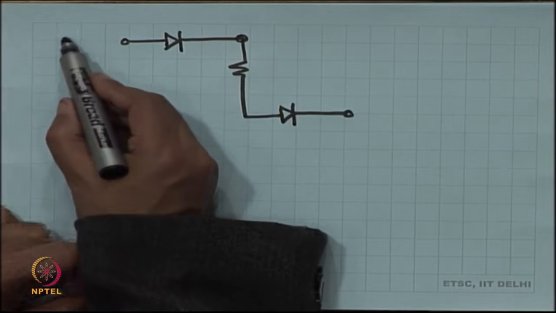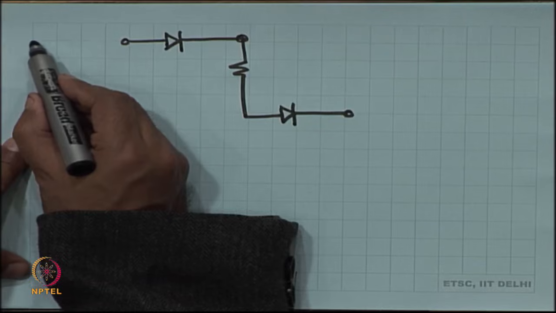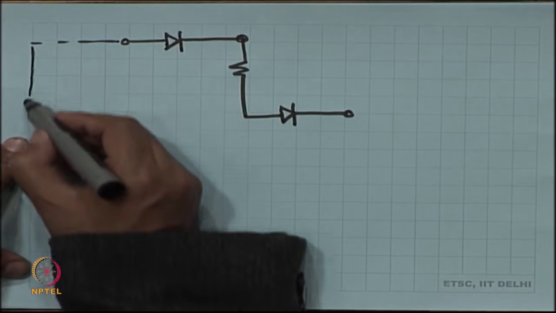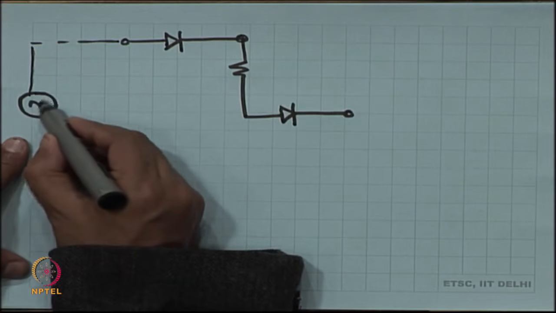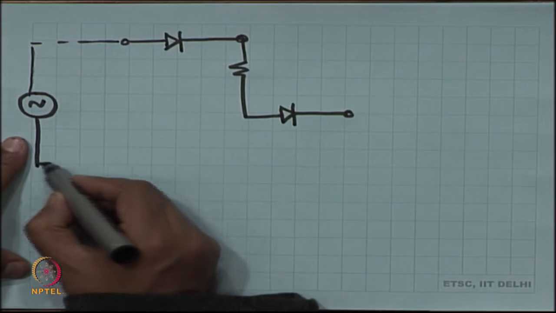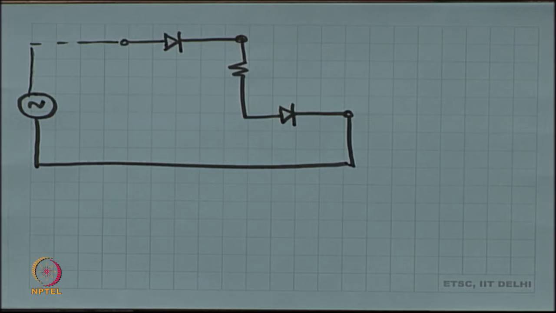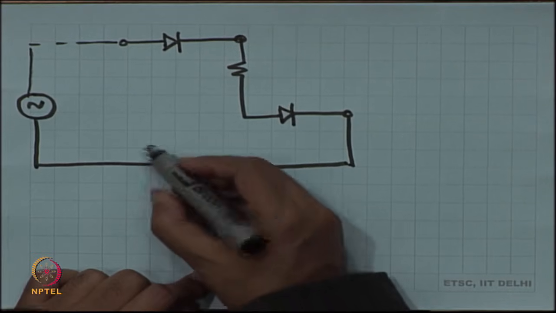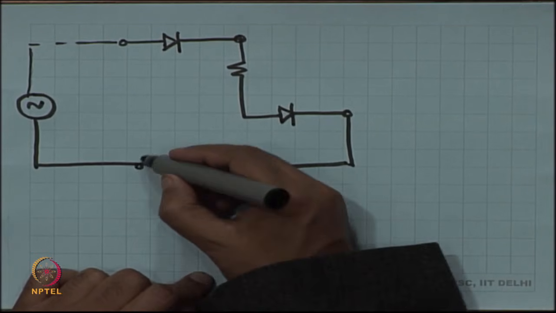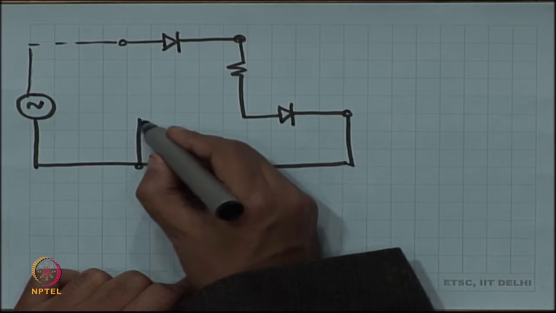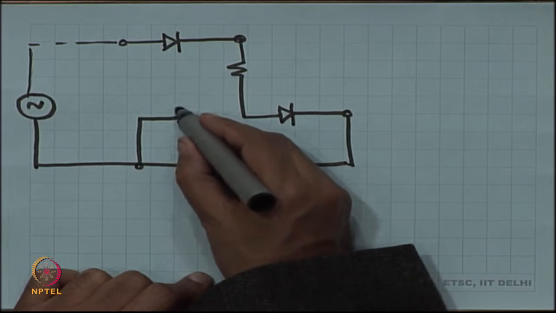So, when the voltage is positive, it appears in this fashion, okay. But when the voltage is negative, it conducts in the opposite way.